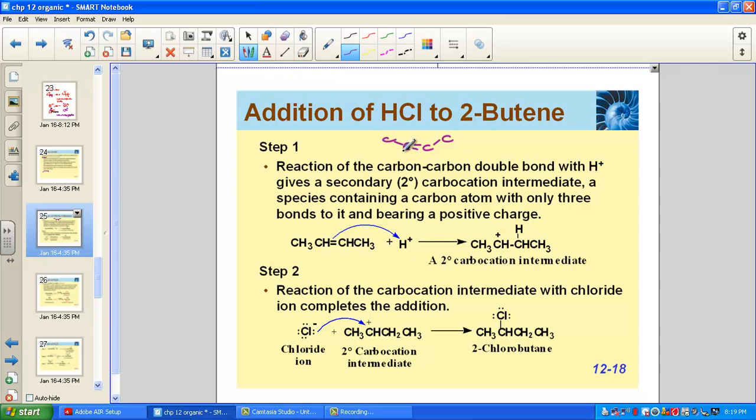So either way, we could add chlorine to either carbon and we end up with the same structure. But how does this overall product work? Alrighty. So step 1, the reaction of the carbon-carbon double bond with the proton portion, the hydrogen portion of our molecule, occurs first. So the H attacks first.